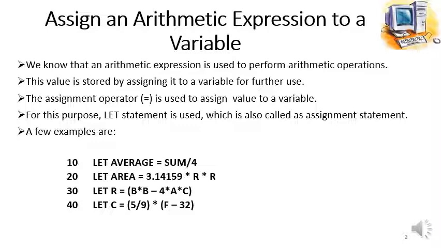So we can write it like this: C is equal to 5 divided by 9 enclosed in parentheses, and further we will multiply it with f minus 32. So these are a few examples of expressions which are assigned to variables.